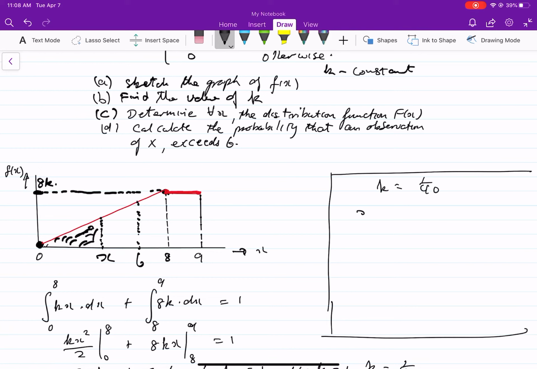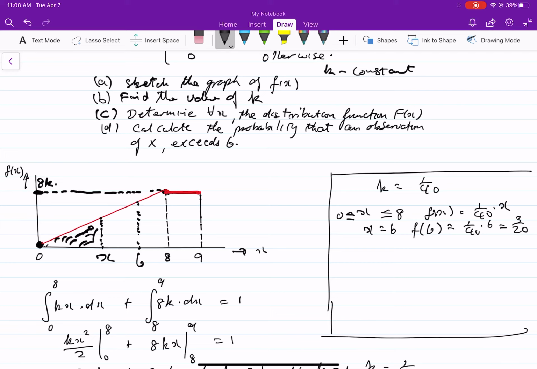So when x is between 0 and 8, f of x is kx, or 1 upon 40 times x. And I'm going to plug the value of x into that. X equals 6. So when x is equal to 6, small f of 6 is equal to 1 upon 40 times 6, which is 3/20.